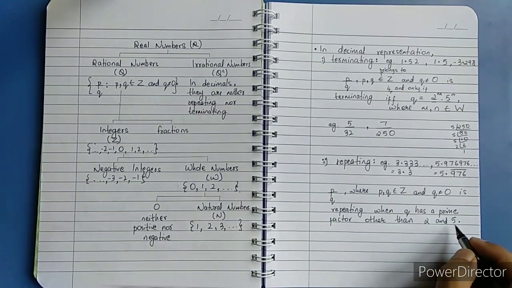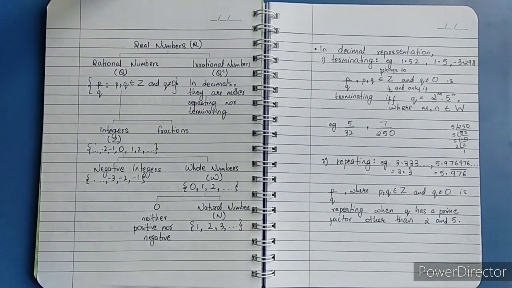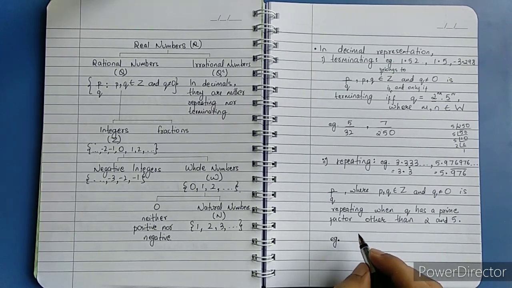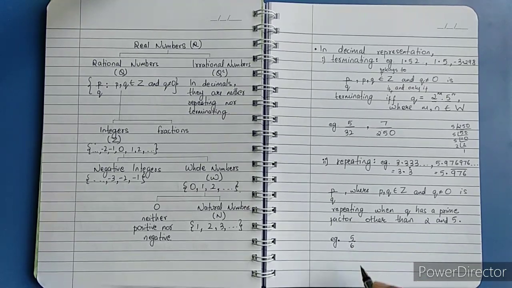So if there is any other prime factor, then this number becomes repeating. Example, say 5 by 6.